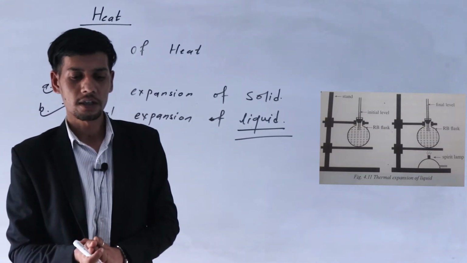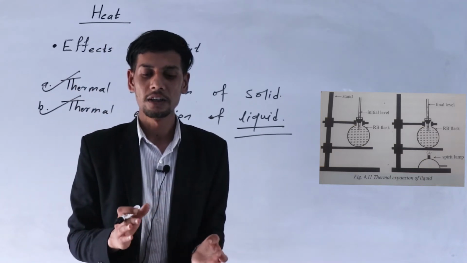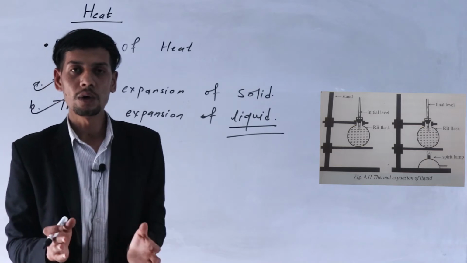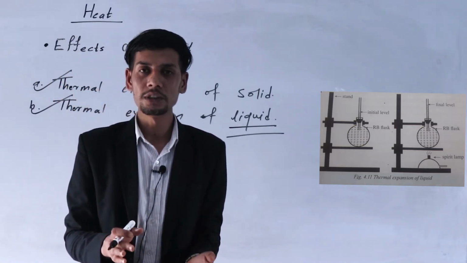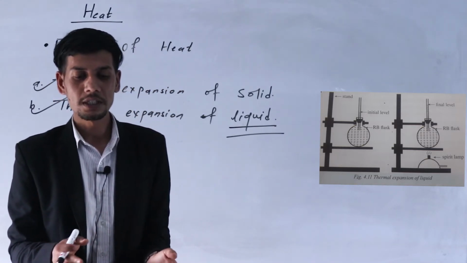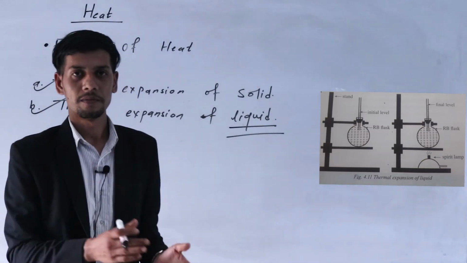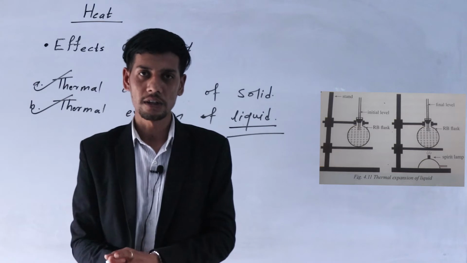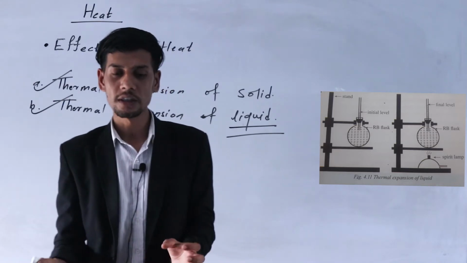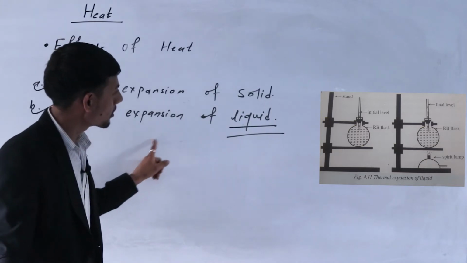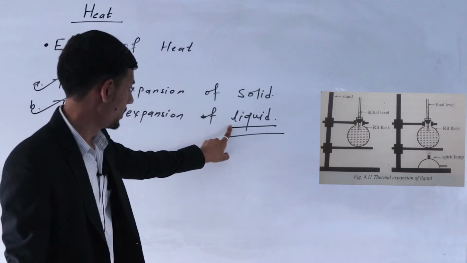The first one: we need a round bottom flask, a one-hole cork fitted with a glass tube, a spirit lamp, water, and a stand. These are the materials we require to show the thermal expansion of liquid.